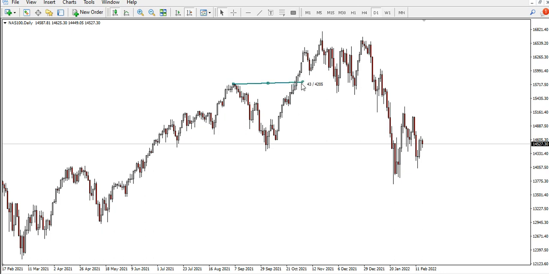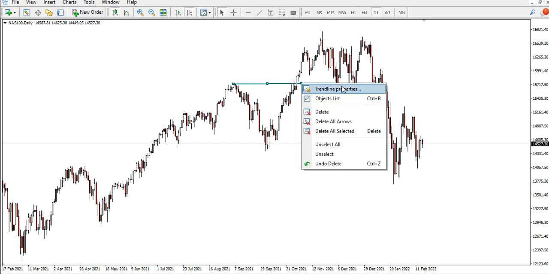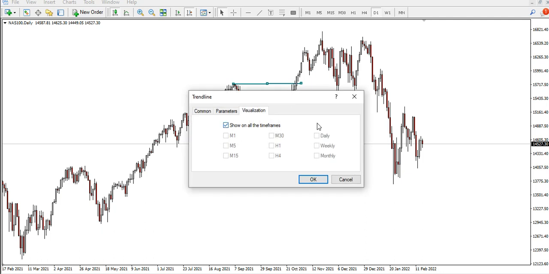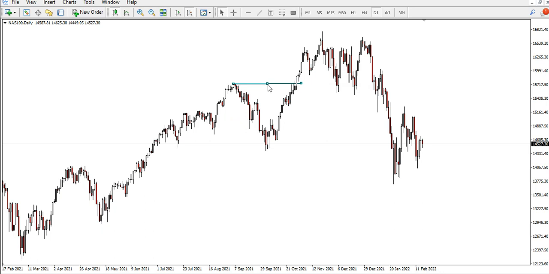If there is an internal structure, then this will be our macro structure. This will only be visible on the daily time frame.